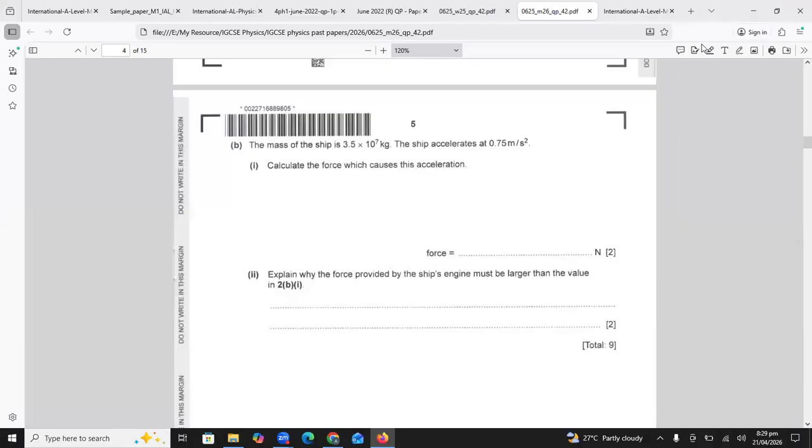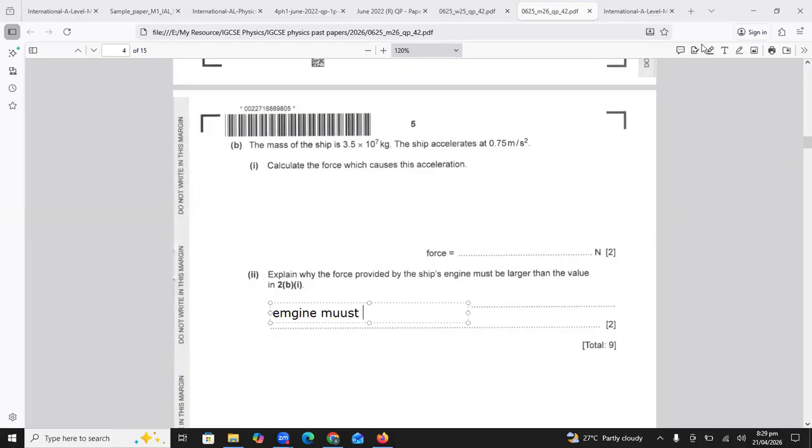In the last part, basically, they are asking why the ship engine must put in a larger value as compared to this calculation. What is the reason behind this? The reason is that the engine is providing extra force because it is performing work against the resistive force of water. So how will we write the answer, students?